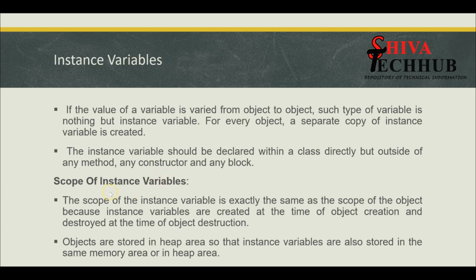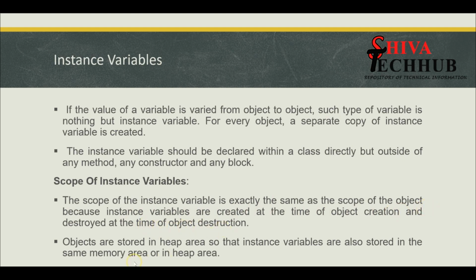Okay. Now let us understand what is the scope of instance variables. I mean, where all we can access, right? So scope of instance variable is exactly the same as the scope of the object, because an instance is nothing but class variables. You can also call it class variables. So instance variables are created at the time of object creation and destroyed at the time of object destruction.